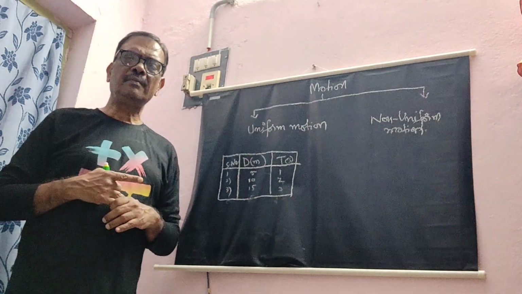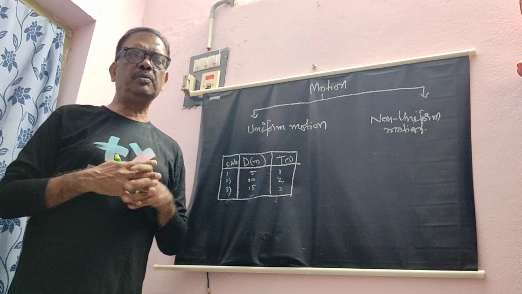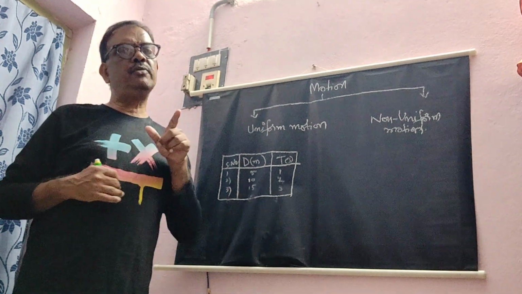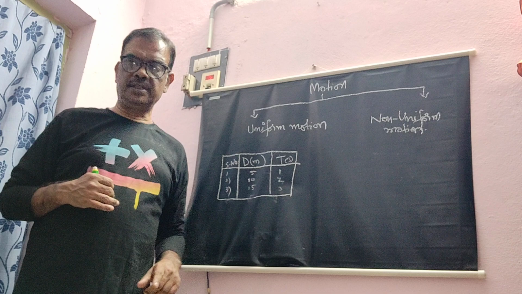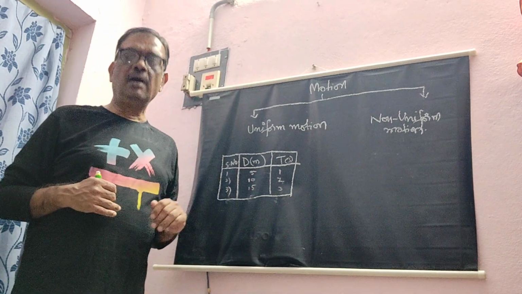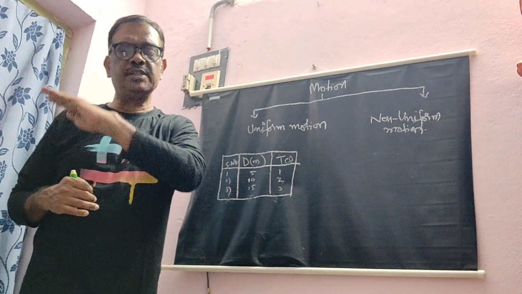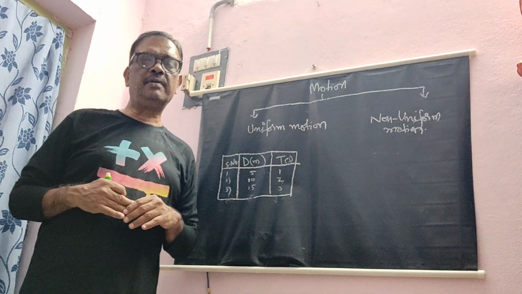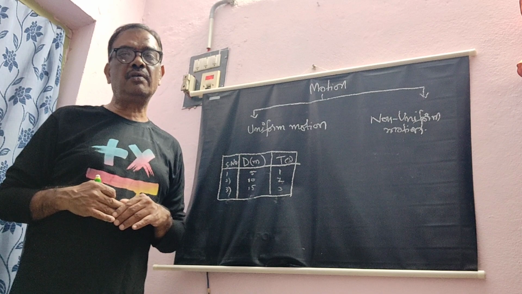So it is possible only on the highways. A train moving at a speed of 80 kilometers per hour, an aeroplane moving at 800 kilometers per hour, a bus moving on the highway at 60 kilometers per hour are examples of uniform motion.